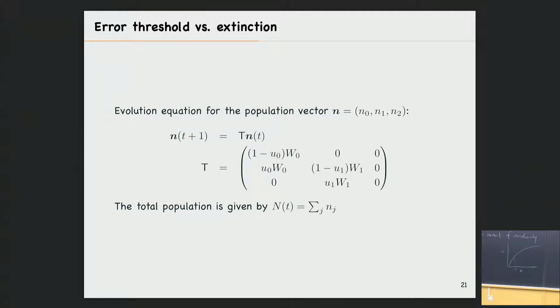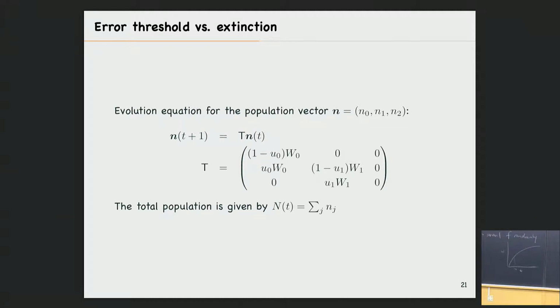So you can write an evolution equation now for the population vector, which is different from the frequency vector. Here, the n's are in fact the number of individuals of type 0, type 1, and type 2, and for simplicity, we consider them as real numbers. And then we have an equation like that, which is again a linear equation with a transition matrix.